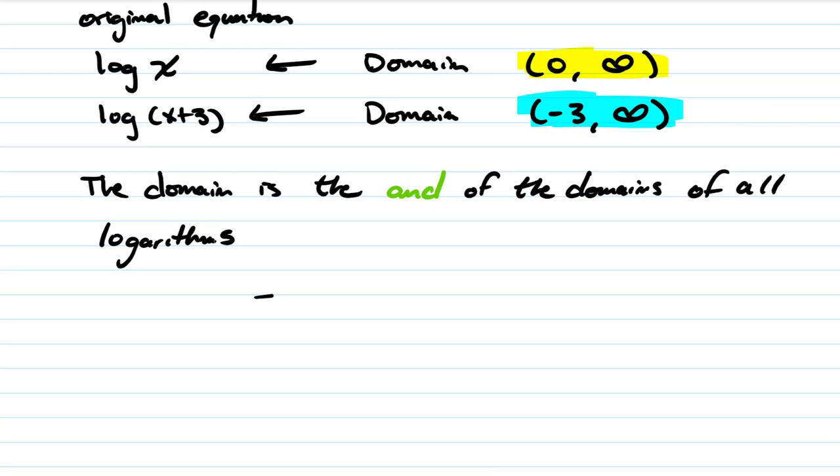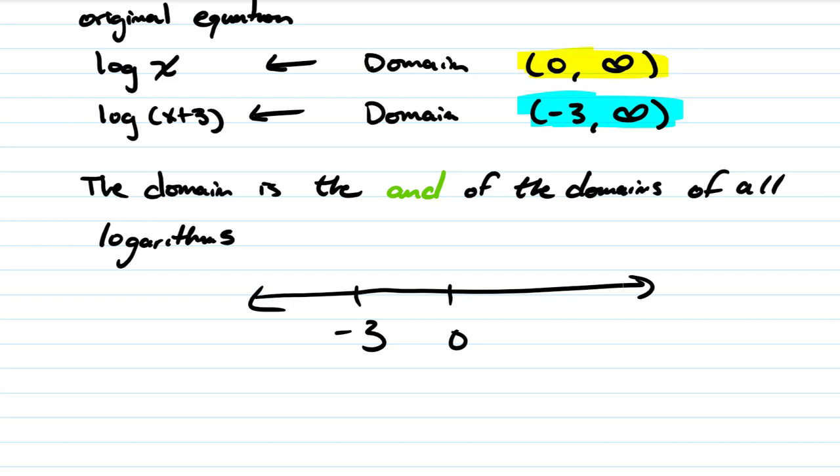So if we do our domain then, we have 0, we have negative 3. If I shade from 0 to positive infinity, that gives me this. And then if I shade from negative 3 to positive infinity, it gives me this. And the and is the green part, so right here.